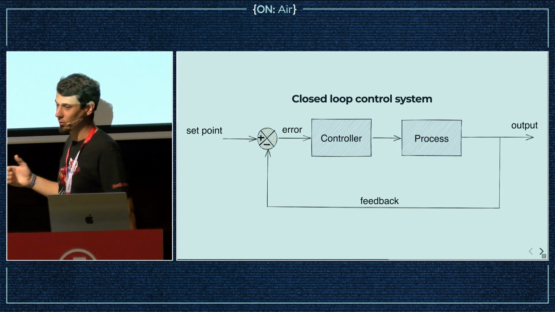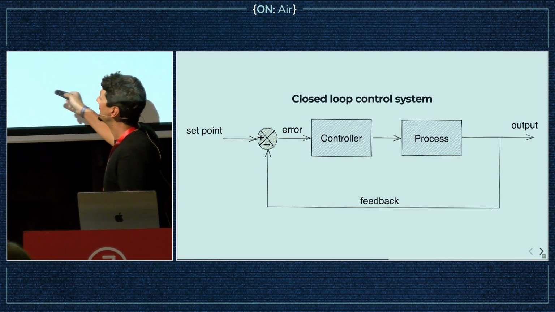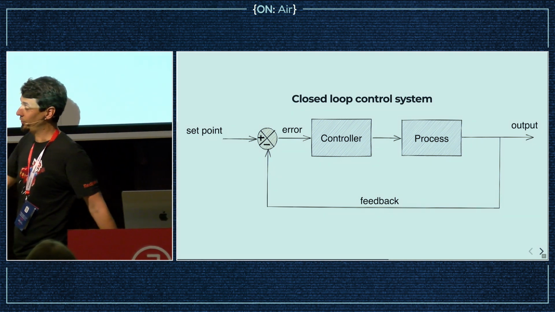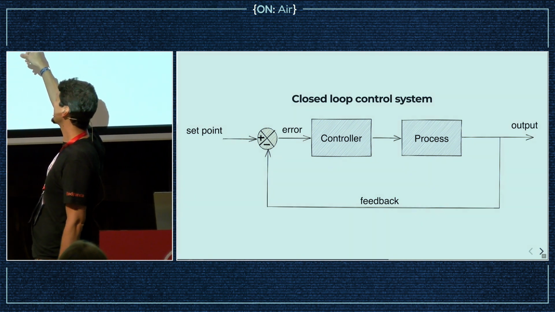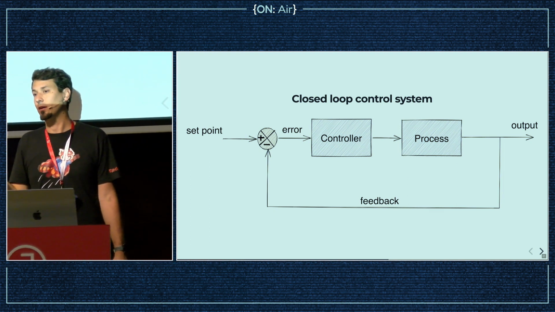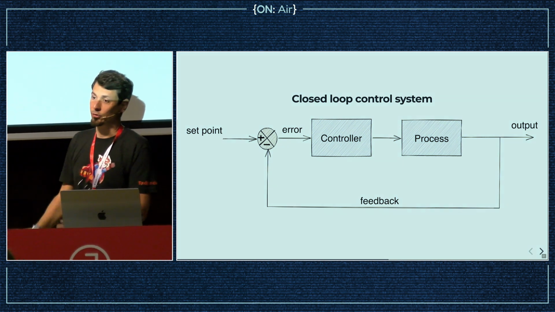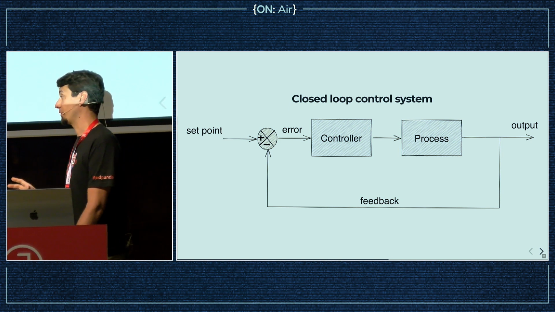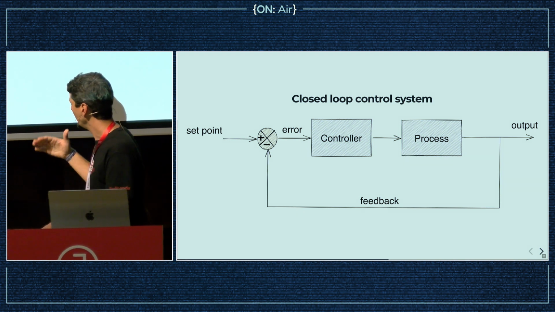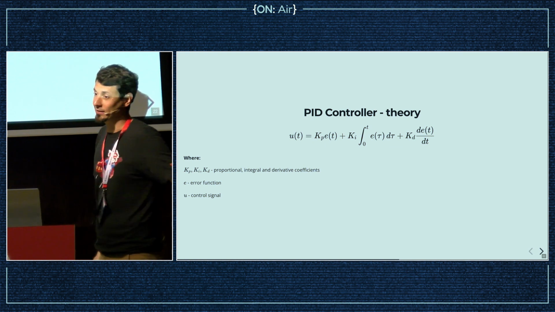In this case, that will be measuring the temperature of the brewing water. Then the difference between the two values, the set point and the output, is processed by the controller, and it generates a signal that then influences the output value. In the case of an espresso machine, that will be like the duty cycle of a heating element, or basically the current that flows through the heating element that heats up the water, and by that controls the temperature. And the PID controller is basically this function.